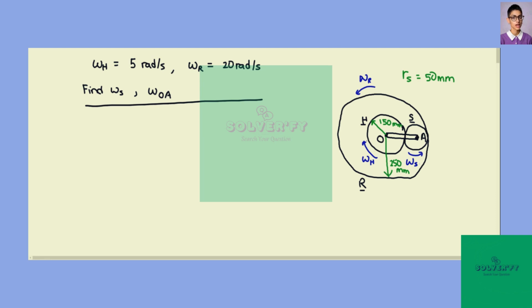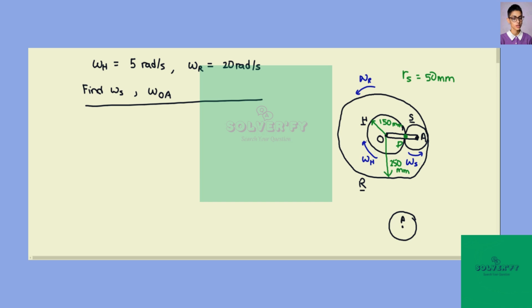So I'm going to look at gear S. Then this point is gear D, is point D. Okay, so O is fixed. So this is A.